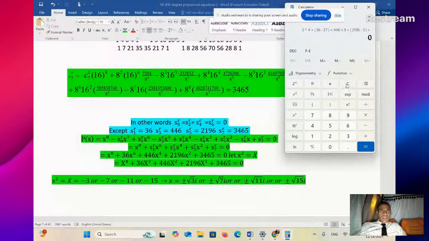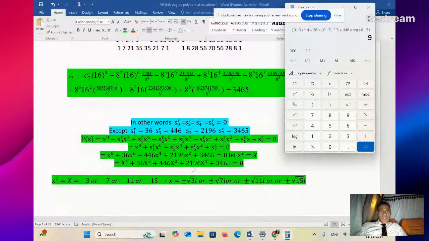Okay, let's do it again. We have negative 3 raised to the power 4. Then we have plus 36 times, between parentheses, negative 3 raised to the power of 3. Then plus 446 times, between parentheses, negative 3, close the parentheses, then square the number.